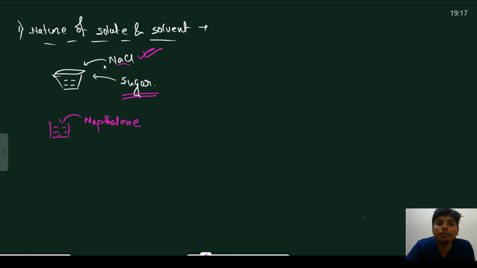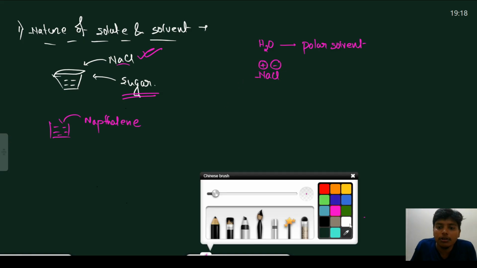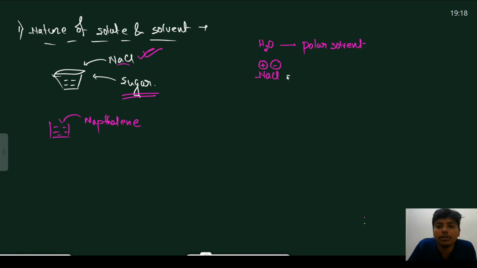Why will it not dissolve? See, is the water molecule polar or non-polar? This is grade 11, you know, from chemical bonding. Water is a polar solvent or not? So it is a polar solvent. And NaCl is an ionic compound. Ionic compound means Na+ Cl-. Yes or no? So if Na+ Cl- is there, that is also polar. So this is also a polar compound.